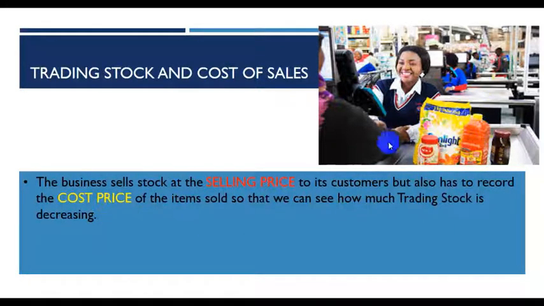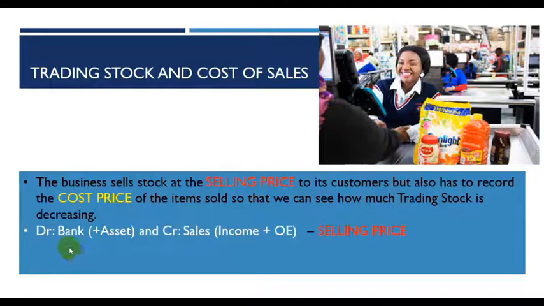So in this picture, you see that there are certain items that were sold to this customer. The business would record the selling price, what the customer paid, and simultaneously record what we paid for these items, which is known as the cost price.